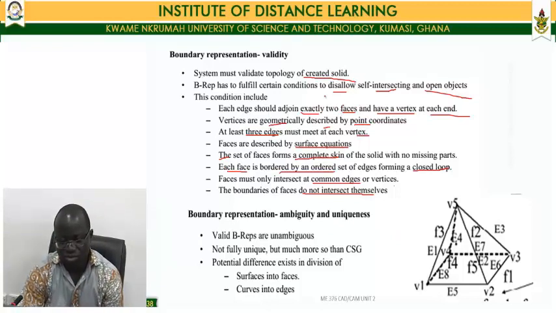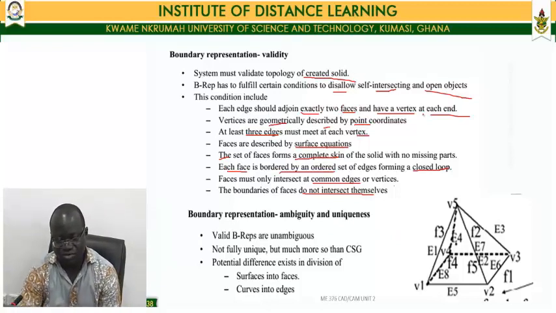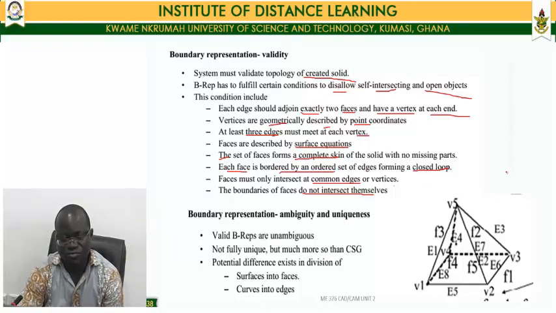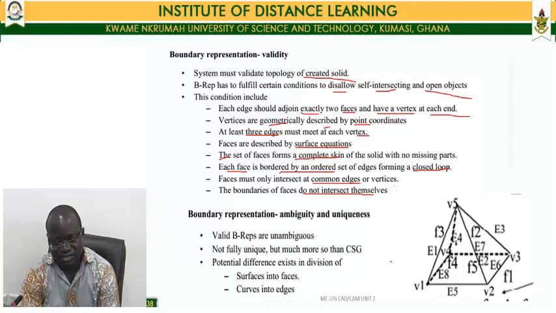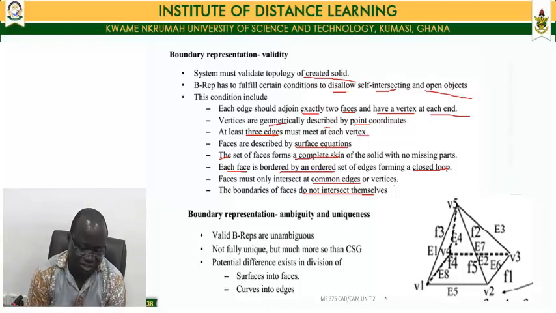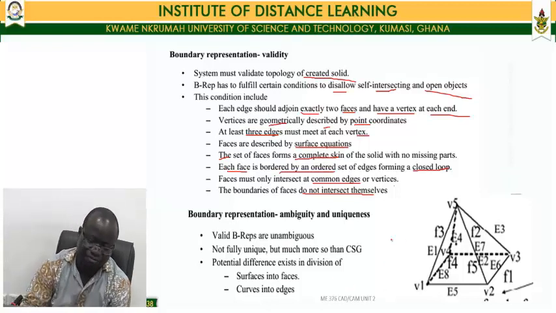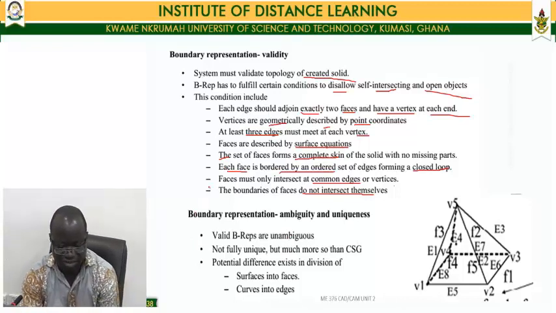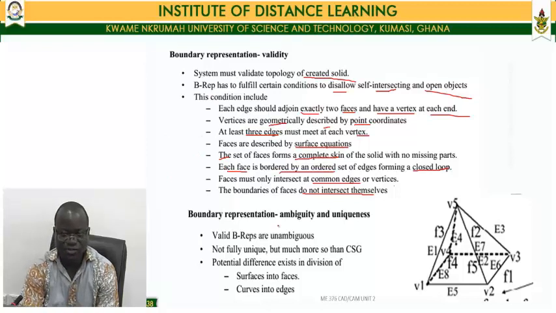This is what makes a representation valid. Now, there are also issues of ambiguity and uniqueness. Valid boundary representations are unambiguous. If you fulfill all these conditions, you will create a representation which is not ambiguous.